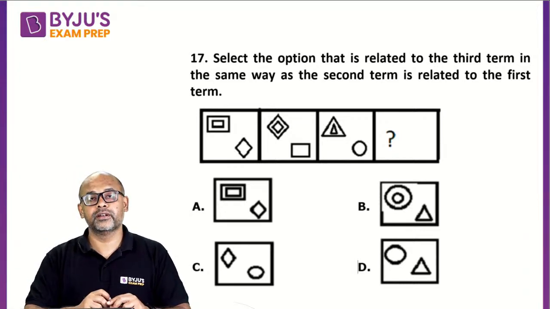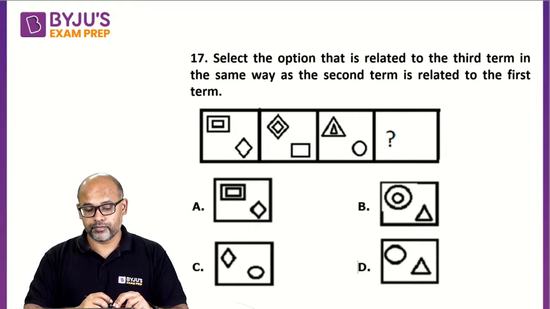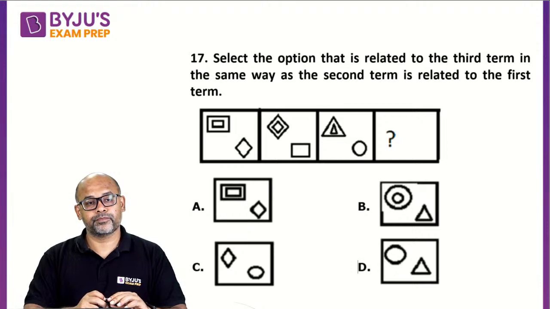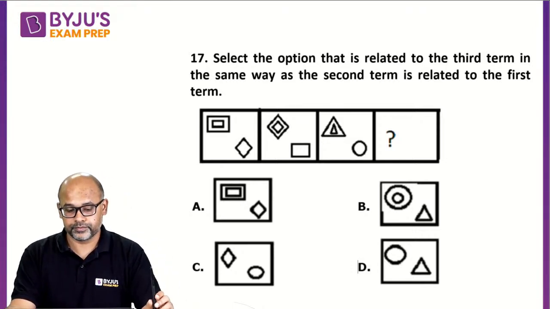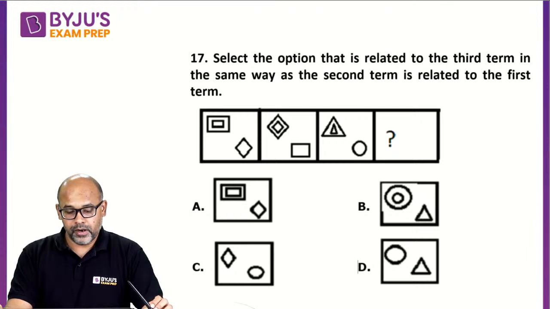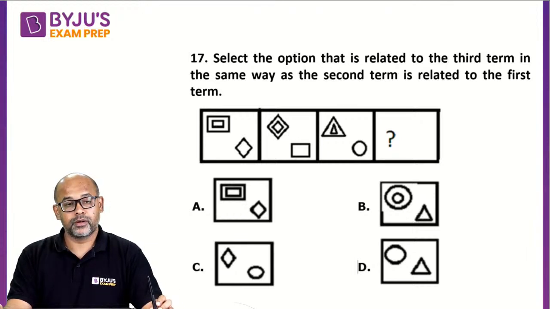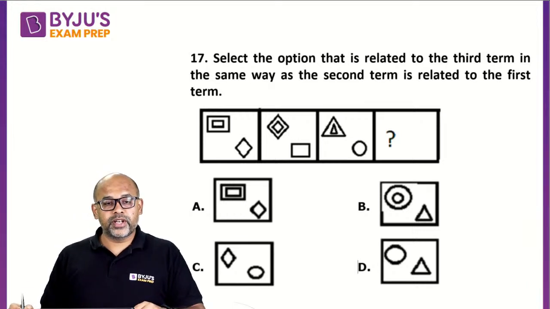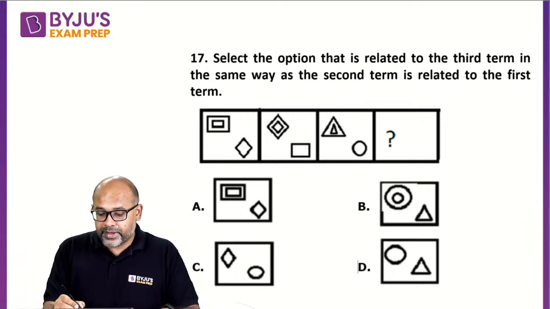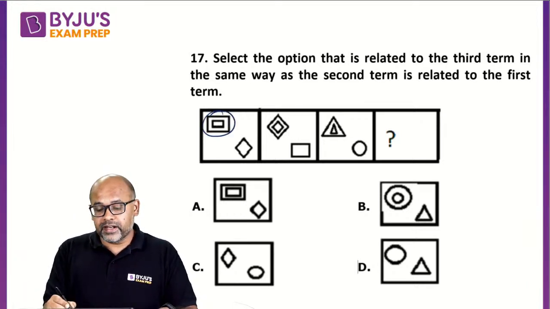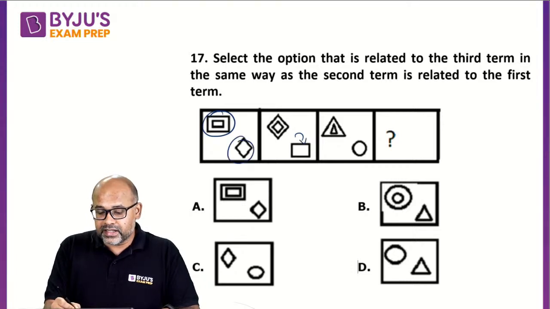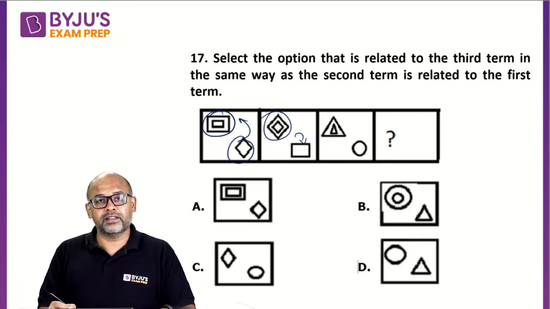Look at this. Right, so no problems here, it's B. So basically what is happening is this double figure is becoming a single figure and this single figure is becoming a double figure, correct?